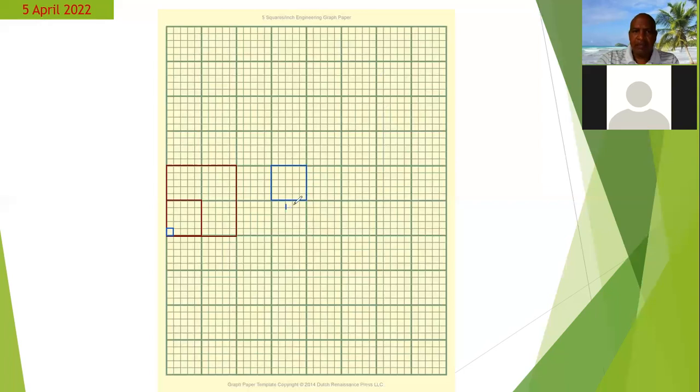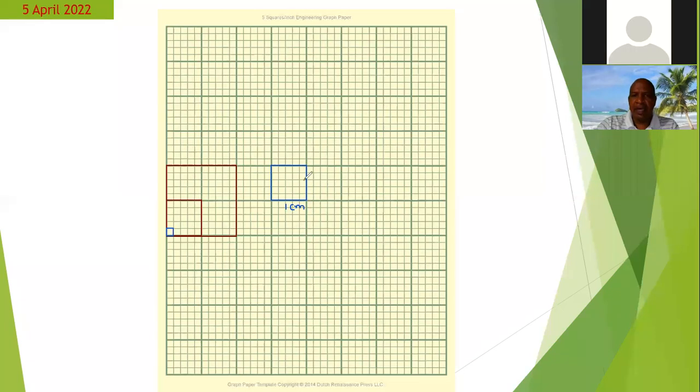So the actual measurement lengthwise would be 1 centimeter. Now it's a square, so it means that you would have 1 centimeter square.